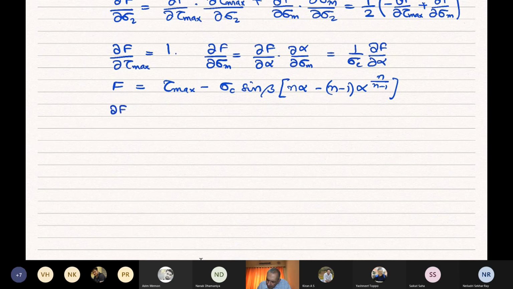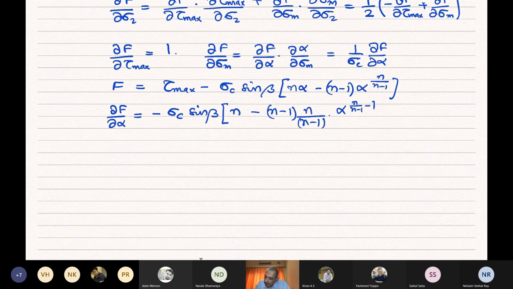So here you have del f by del alpha. The first term goes to 0. Then you are just left with this. Sigma c is just a constant, so minus sigma c sine beta. And then we take the derivative over here. This is just n minus n minus 1. And when we take the derivative of this, we will get n divided by n minus 1 into alpha raised to the power of n divided by n minus 1 minus 1.